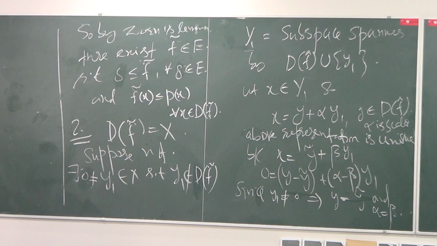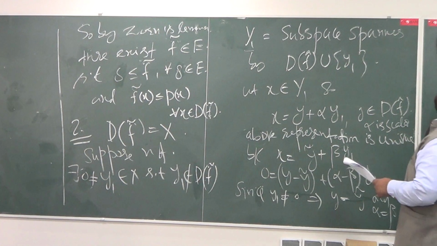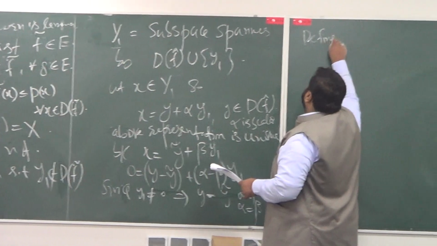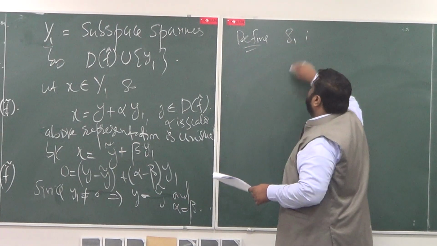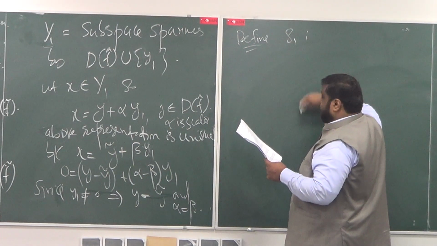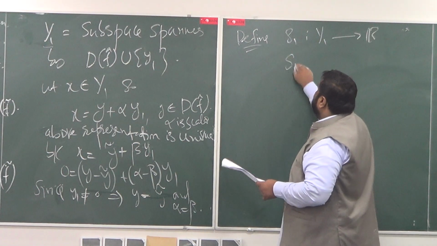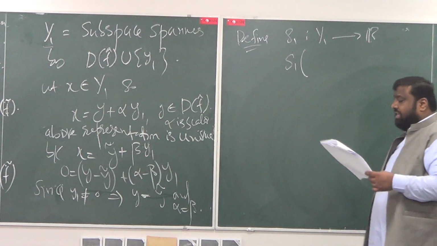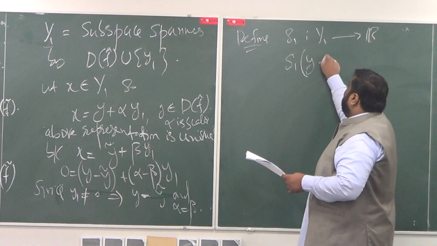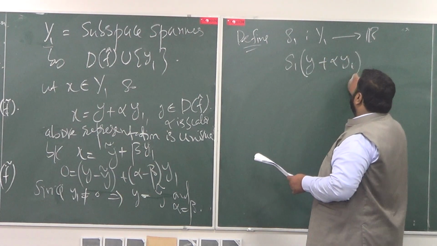So let's define a functional g1 from y1 into R such that whenever g1 is operating on y plus alpha y1.